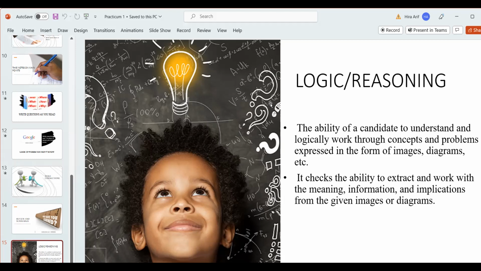For example, you can look at this picture and think about what this child is doing, why there is a bulb in this picture, why he's smiling, what this means. So when you see or read something, you need to ask questions and come up with reasons. That is very simple.